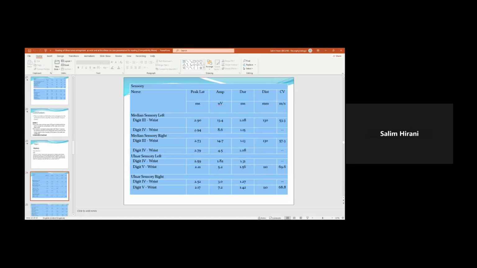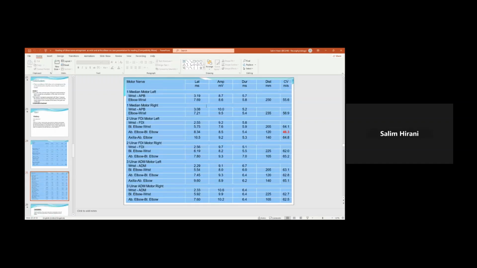So when we did the nerve conduction, amplitude-wise all are normal. We did the double peak to see whether the patient has any early sign of carpal tunnel. Those nerve amplitudes are all normal, and conduction velocities are all normal.